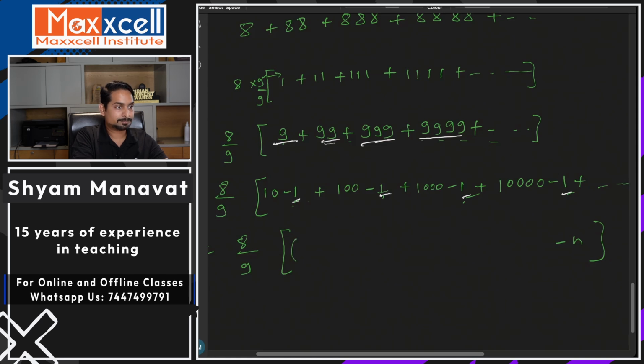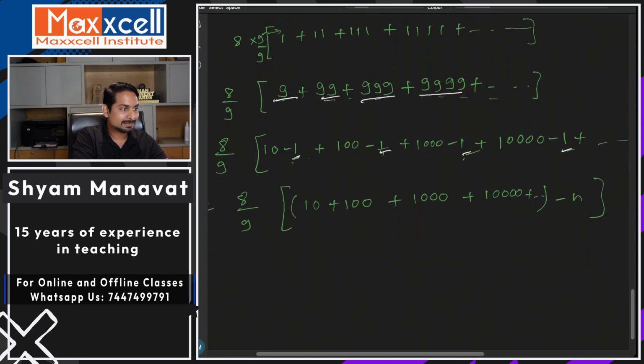Okay, now what are you left with? You are left with 10 plus 10 square, that's 100, then 1000, which is 10 cube, plus 10,000, which is 10 to the power 4, and so on.